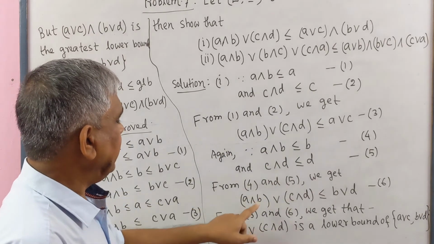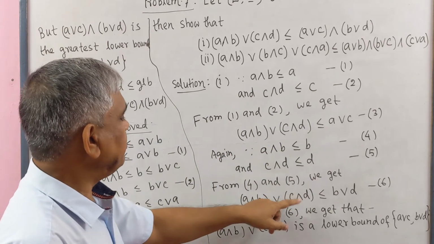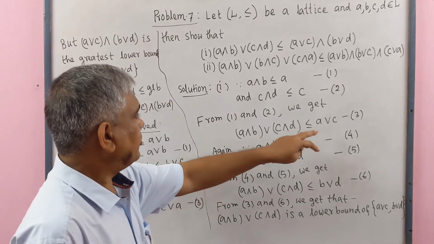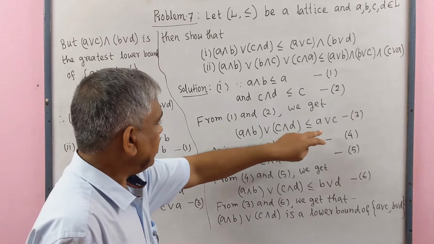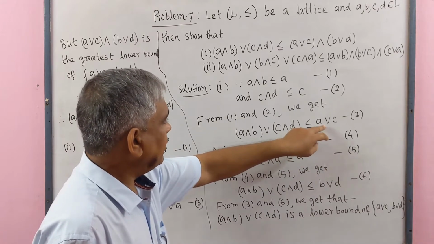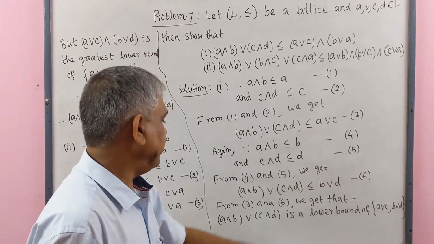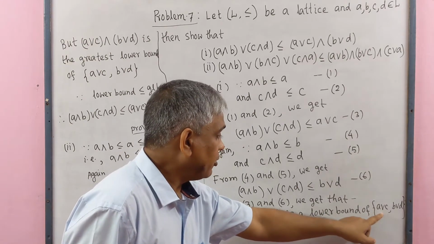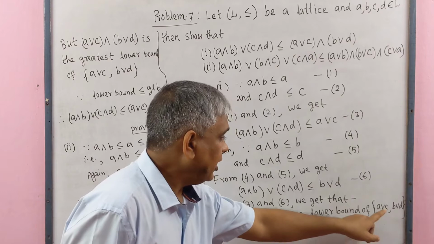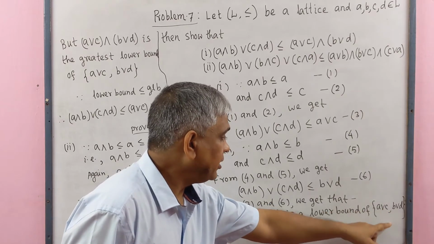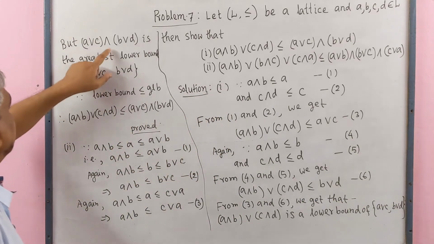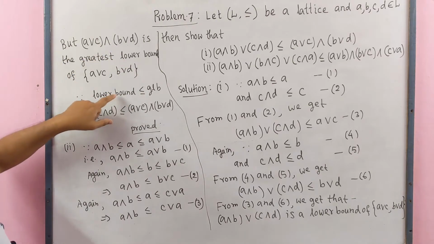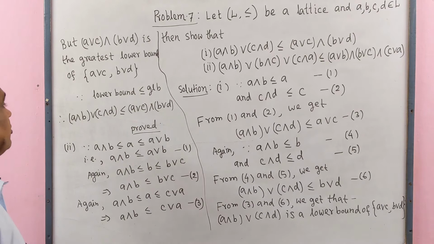Therefore, A meet B join C meet D is a lower bound of the set containing elements A join C and B join D. But the greatest lower bound of this set is A join C meet B join D. We know that lower bound less than equal to greatest lower bound.